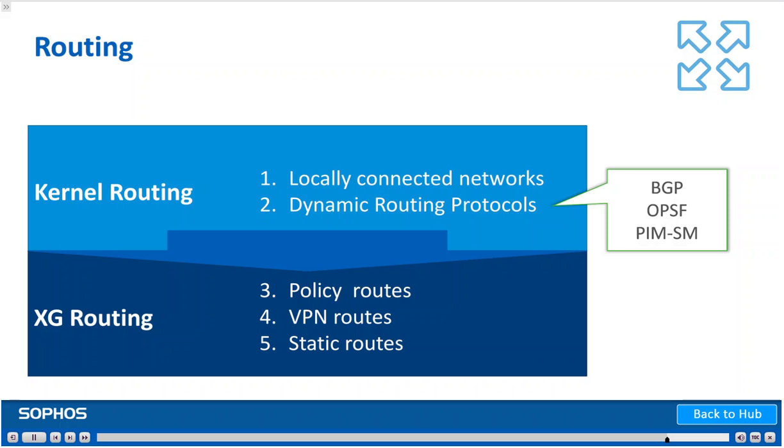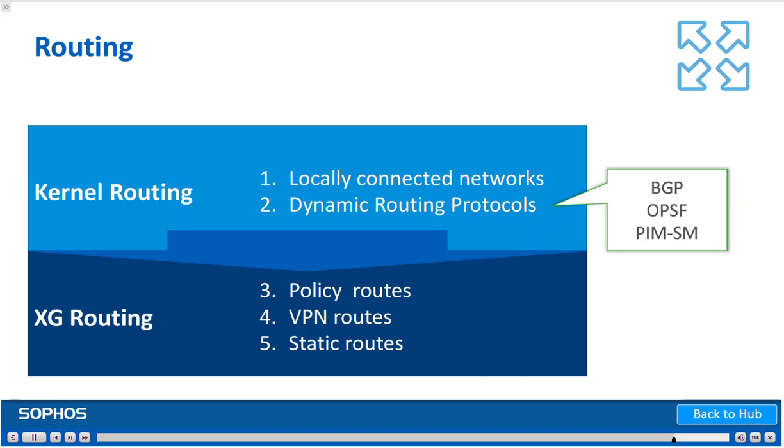There are simple static routes that only look at the destination address of the traffic. These are often used internally to control traffic flow within a network. The XG Firewall also offers policy-based routing, which allows the device to dig deeper into the traffic and make more intelligent decisions based on factors other than just the destination, such as the source address or services.